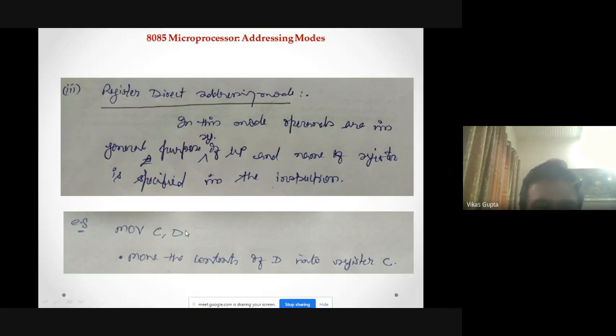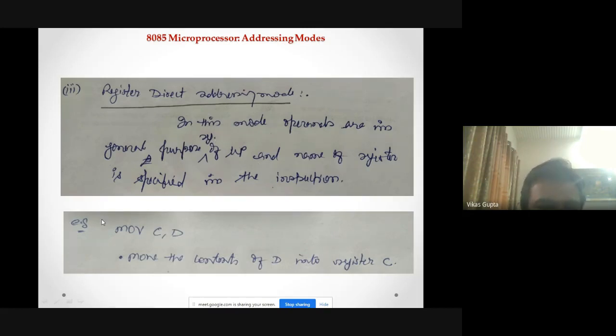For example, if we move the data 05H into the C register, and C was having, let's say, 03 first, now it will become 05H in the C register, but D will also hold 05. So the data of D will not get modified. This is a case of register direct addressing mode.